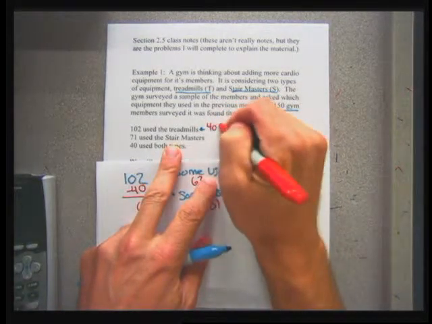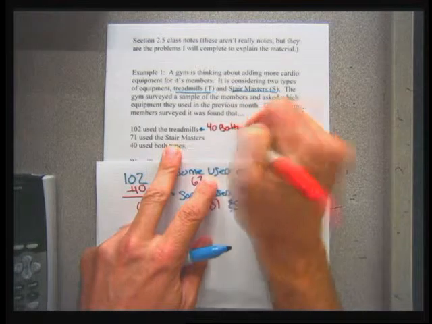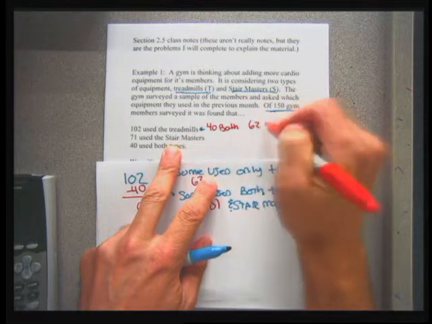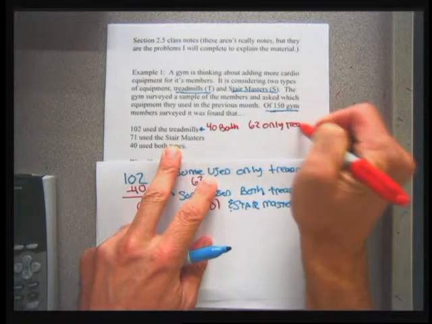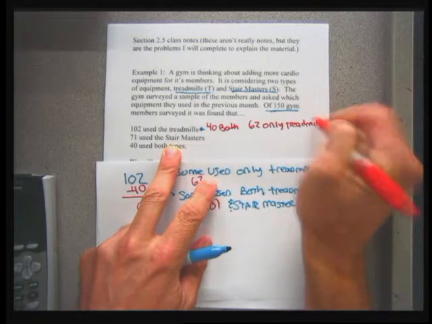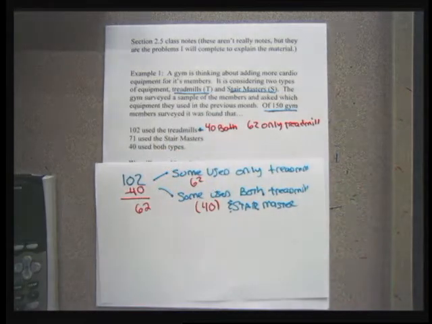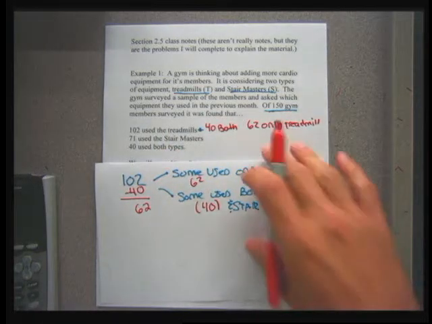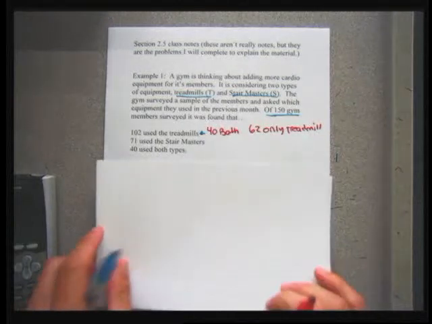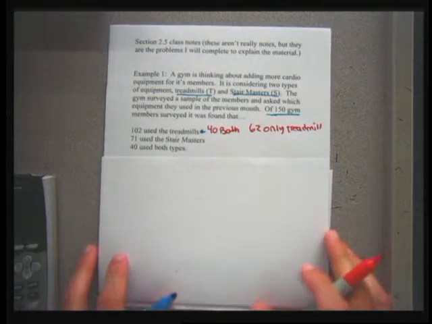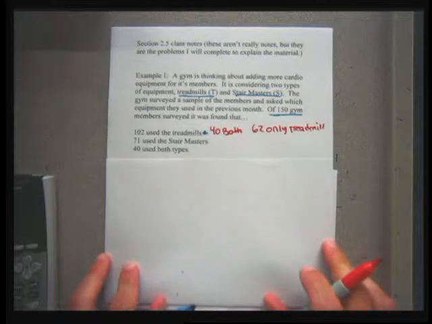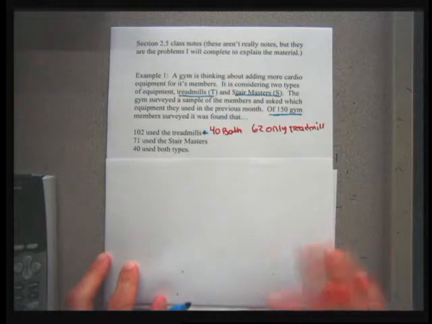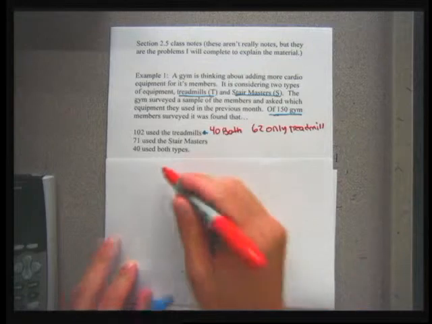So the 102 that use the treadmill get broken up like this: 40 that use both machines, and 62 that used only the treadmill, and they didn't use the Stairmaster. Similarly, when the author presents the 71 that use the Stairmaster, it's not the case that 71 only use the Stairmaster.